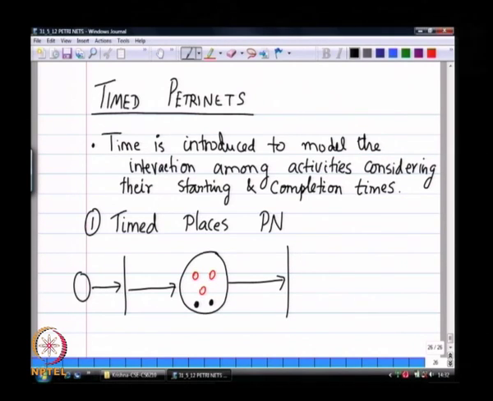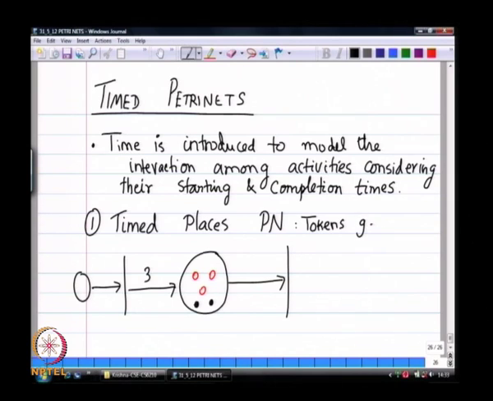So the token generated in the input place becomes available only after some time. When will it get generated? Whenever this transition fires, tokens are getting generated. So let us say that this is 3, the multiplicity of that.